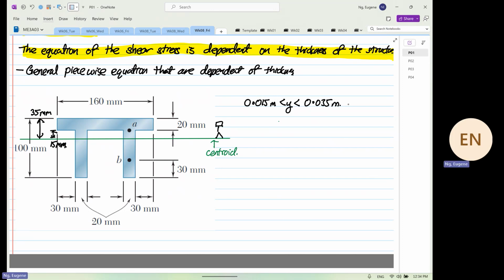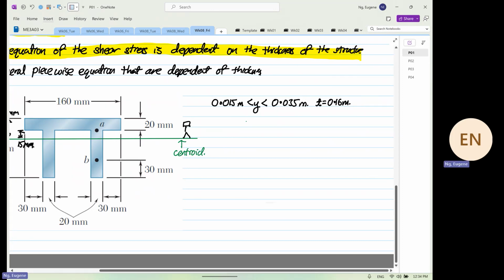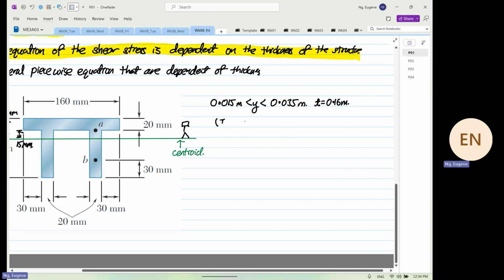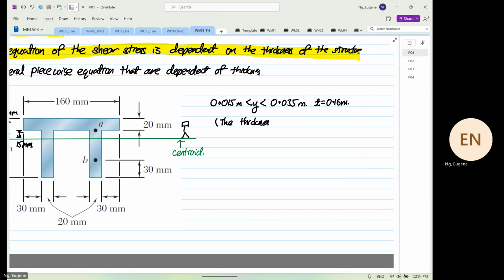Why that limit? Because the thickness controls the limits. I repeat again, the thickness of the section controls the limit. Are we clear? Okay.